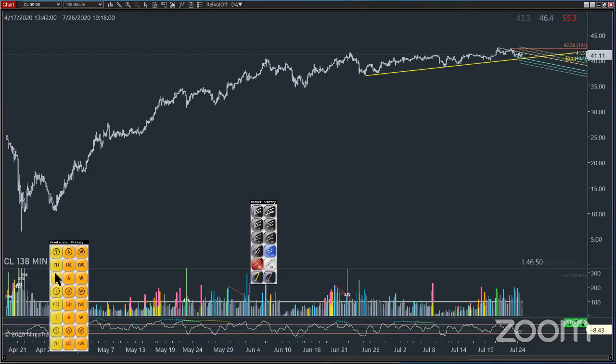Yeah, I'm thinking that's our big 1, 2, 3. And it looks like we're probably making like an ending diagonal for the fifth wave. Two, 1, 2, 3, 4, 5.